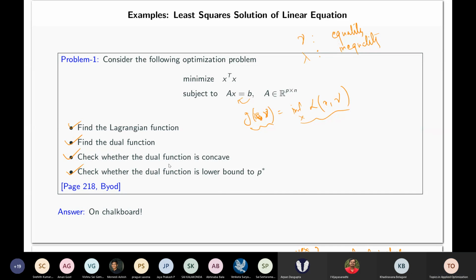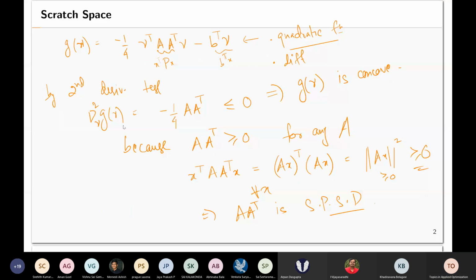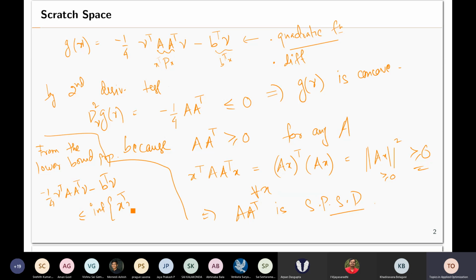In other words, from the lower bound property, let us write this here: minus 1/4 nu transpose A A transpose nu minus B transpose nu gives us the lower bound of the original function, which was X transpose X subject to AX equals B. So this function value will serve as a lower bound for this.